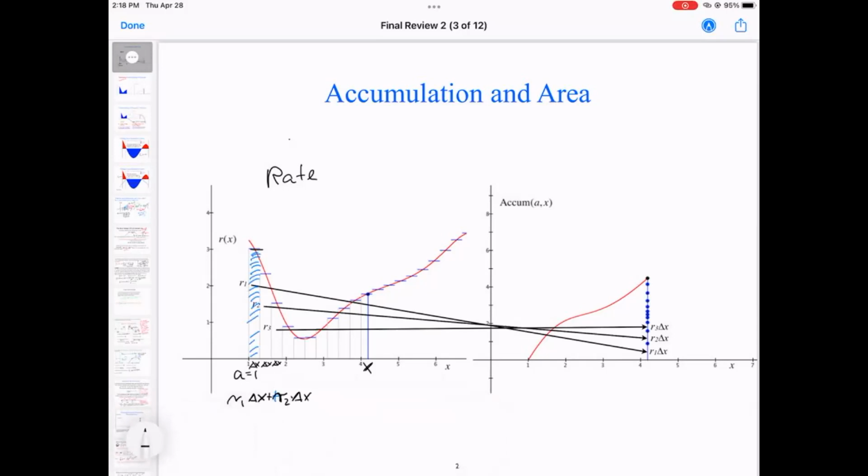The time interval is always delta x multiplied by the velocity, and that gives you how much the car traveled during this little time interval, right here. So we are building how much the car traveled from the first delta x interval, then the second. R2 times delta x is the area of the second rectangle.